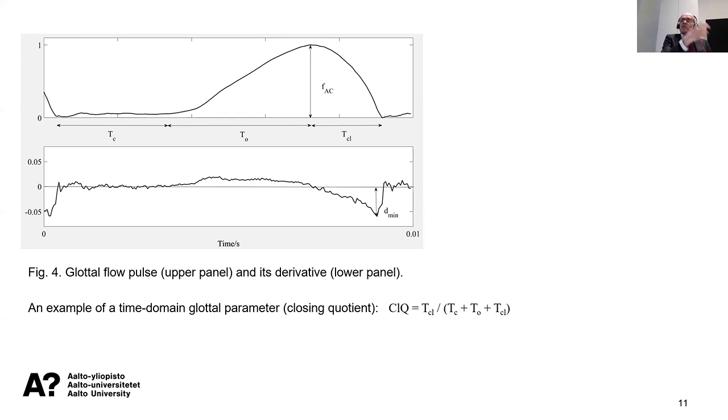But if one has a calibrated flow mask, then it enables having absolute flow values here. But in our case, this is always arbitrary, unless we use the flow mask. So that means that the wave shape needs to be quantified. And one possibility is just to compute these simple time quotients.